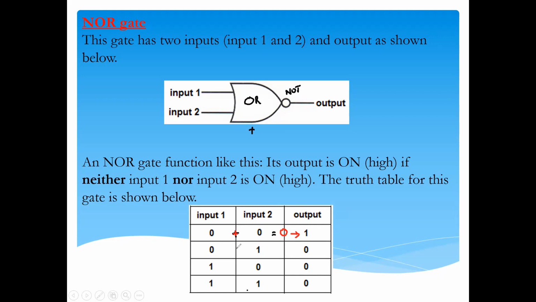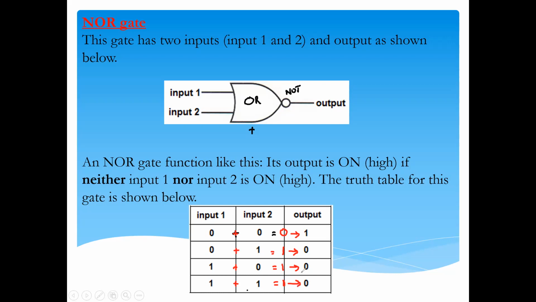And if we have 0 plus 1, 0 plus 1 is 1. But because there is an inverter, it will make it opposite. If we have 1 plus 0, 1 plus 0 is 1 and it will make it 0. And when we have 1 plus 1, in terms of logic gates, 1 plus 1 is actually 1. 1 means it is working.